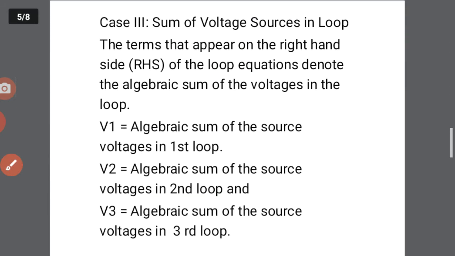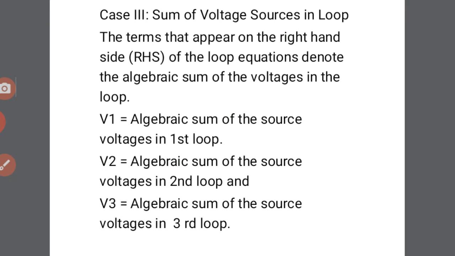Next, go for case 3: sum of the voltage sources in the loop. The terms that appear on the right hand side of the loop equations denote the algebraic sum of the voltages in the loop.